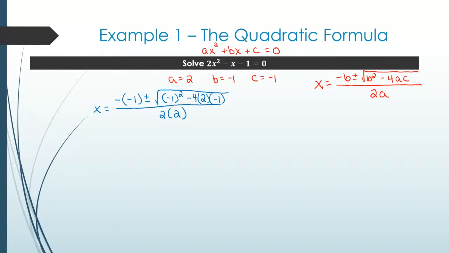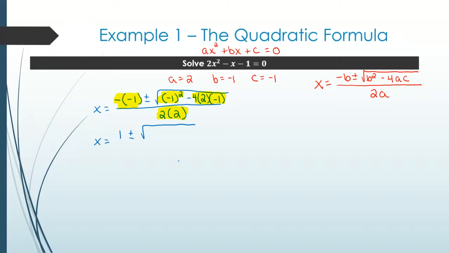So it's best to try to simplify as much as you can in the same step, just to save yourself some work or having to write down lots of things. So I'm highlighting everything that we can do in the same step, because those are all separate terms. So I have x equals. So the first thing I have is negative, negative 1. So those negatives cancel and I have a 1. Then plus or minus, and then I have my square root.